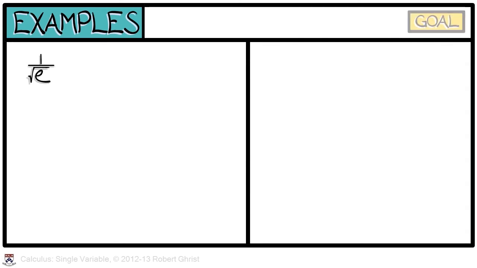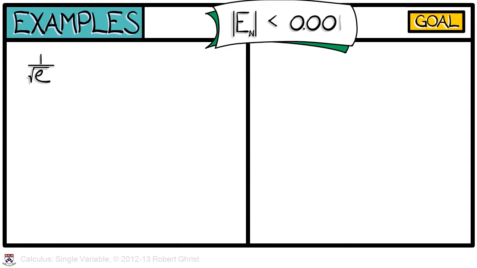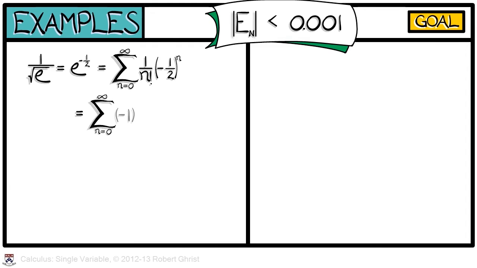Let's consider the approximation of 1 over square root of e, with the goal of getting within 1/1000th. Well, if we use our familiar expansion for e to the x, where x equals -1/2, then we see this is really an alternating series, with the a sub n term being equal to 1 over n factorial times 2 to the n.